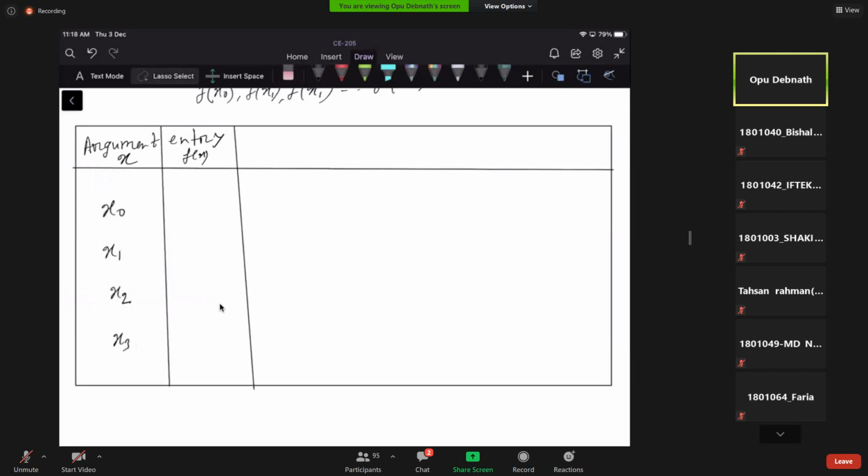This is your argument and the corresponding functions f of x0, up to f of x3. These are the known values to you.